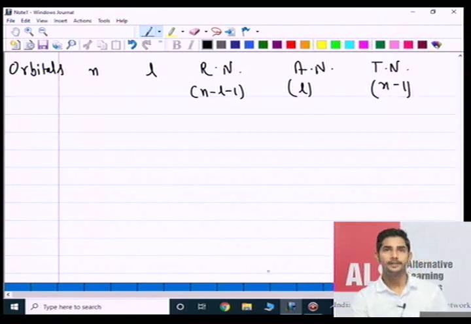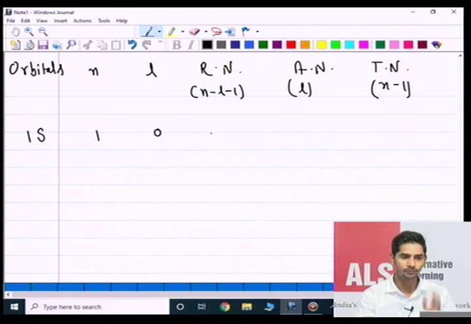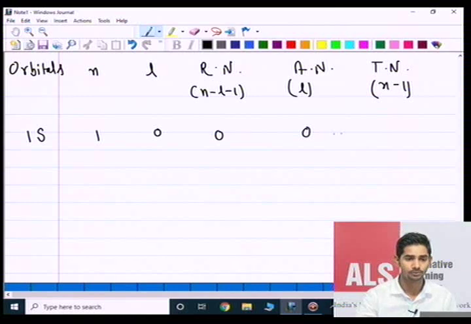So guys, look at this. If I say 1s, n will be 1, l will be 0. Radial node will be what? You will put the value of n and l and you will get your answer. n is 1, l is 0; on solving, it will be 0. Angular node represents l, which is 0. So total node will be how much? 0. There is no node in 1s.